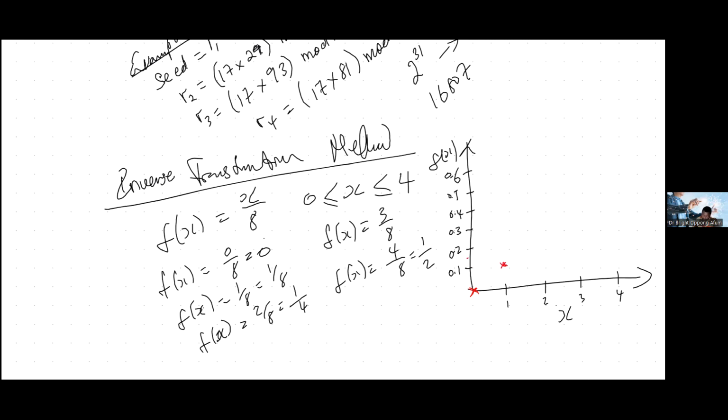Then for 2, 1 on 4 is 0.25, somewhere there. Then 3 divided by 8 is 0.375, somewhere here.